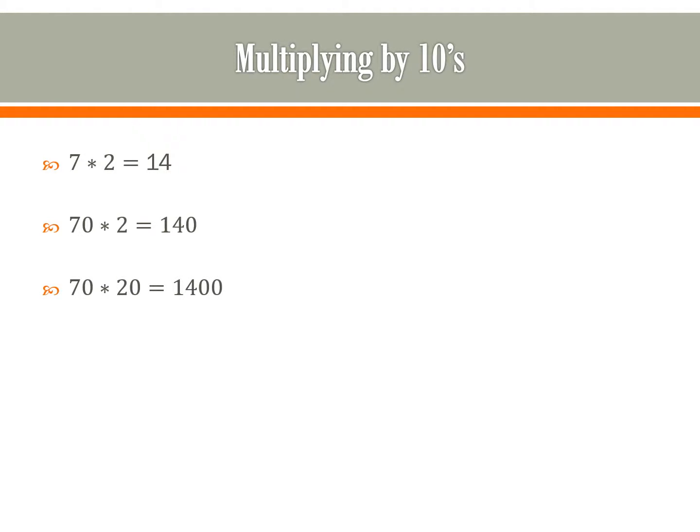If you do 70 times 20, you're going to get 1400. It's still 7 times 2 is 14, but 2 zeros make it 1400. 700 times 2: 2 zeros, 7 times 2 is 14, add the 2 zeros, and we still have 1400. So my question to you is, what would 700 times 2000 be? 7 times 2 is still 14, but then there's 1, 2, 3, 4, 5 zeros.